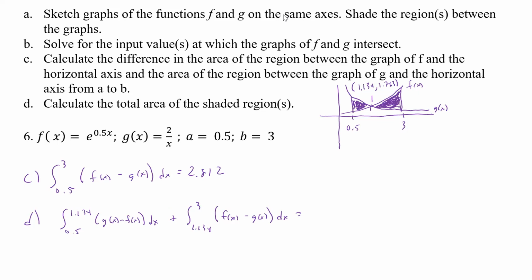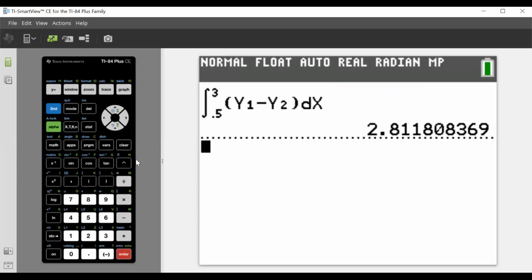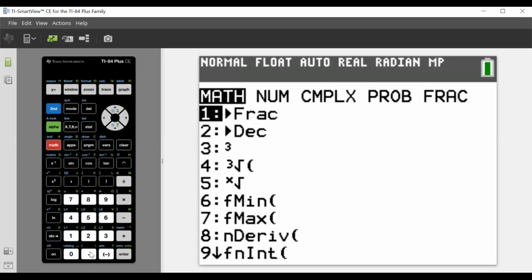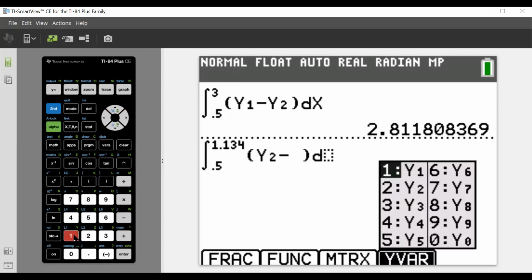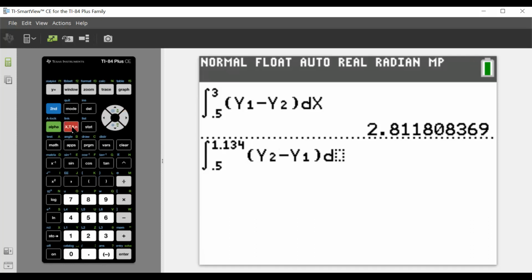So we're going to go from math 9, 0.5 up to 1.134, and that one we were doing g of x, so that was alpha trace 2 minus alpha trace 1, and then dx.